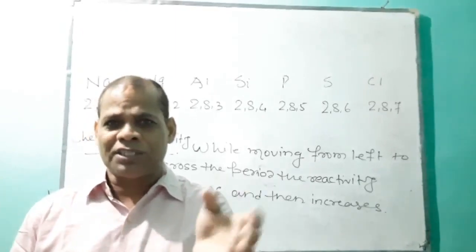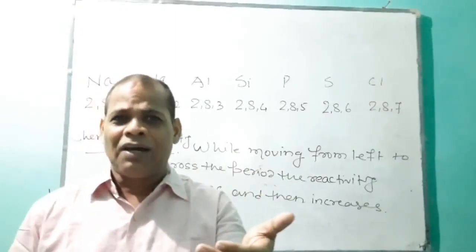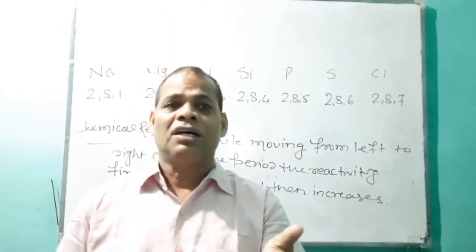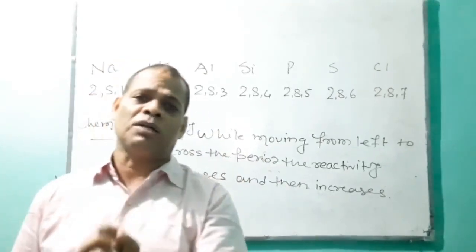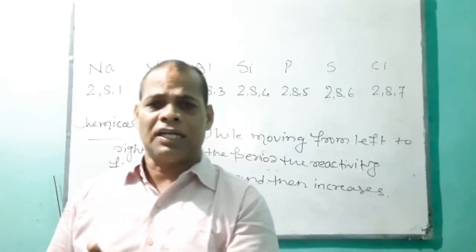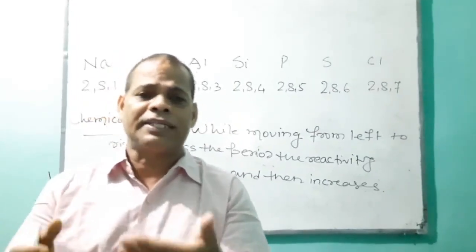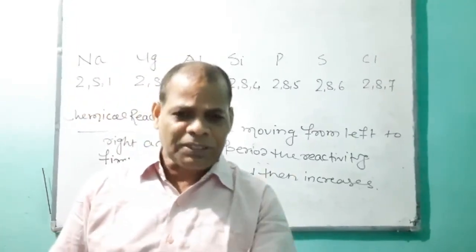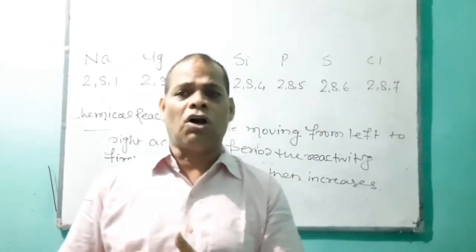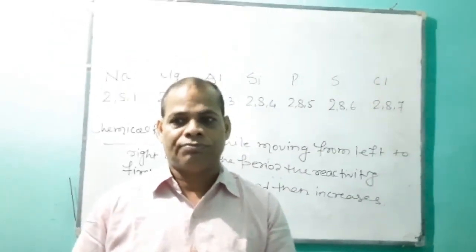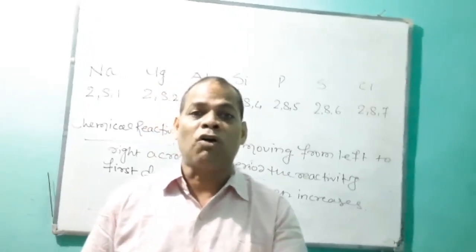We have discussed what atomic radius is. It is the distance from the nucleus to the outermost shell containing an electron in an isolated gaseous atom. This atomic radius is expressed in units called angstrom or picometer.